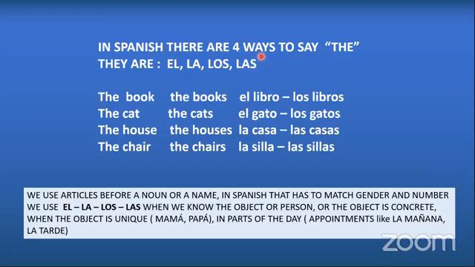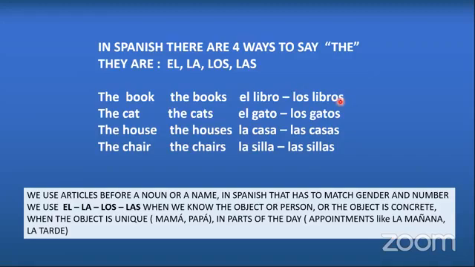So let's use the same examples as before. We said the book, el libro. Why? Because book is libro, and libro ends in O. That's why I have to put el. The plural, switch el to los, and I just need to add the s.